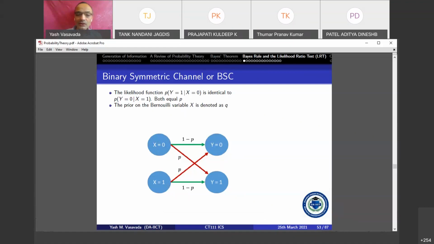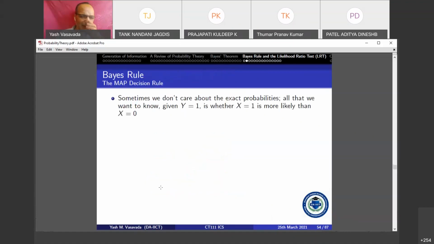Or we may have observed y equal to 1, and again our question is the same, whether x is equal to 0 or x is equal to 1. So in such cases, we probably don't care about the exact values of the posterior. All that we want to know is whether, after observing y equal to 1, x equal to 1 was more likely than x equal to 0.